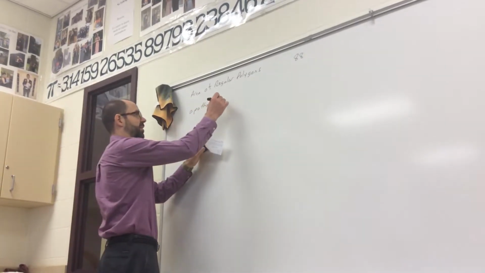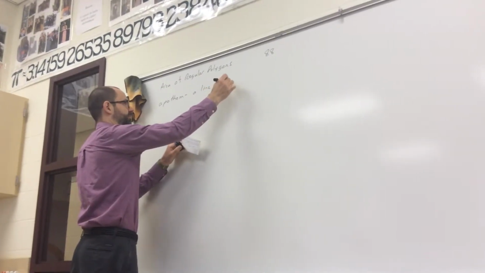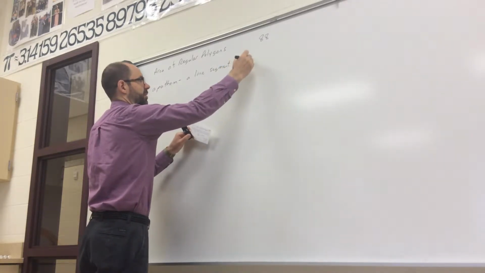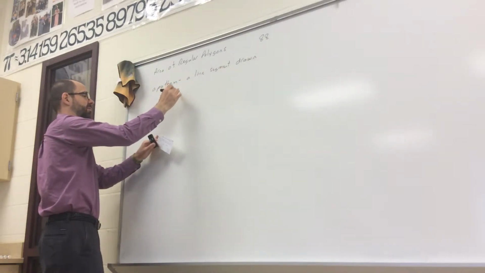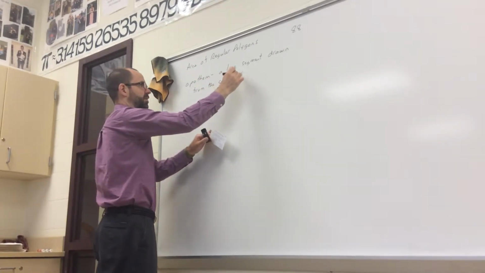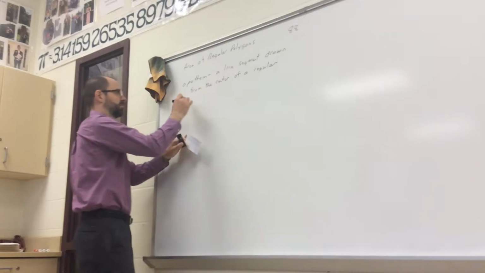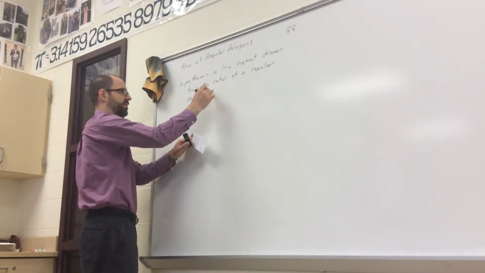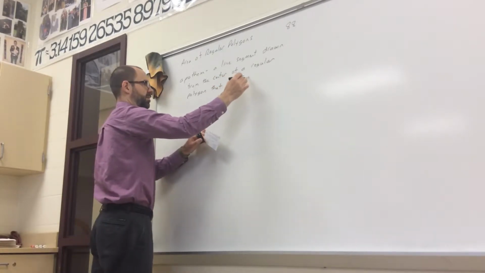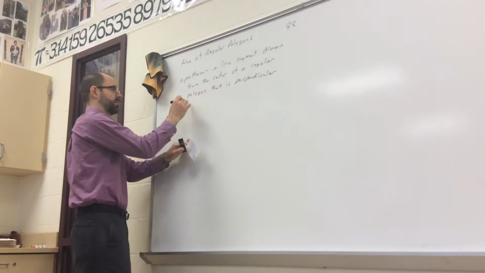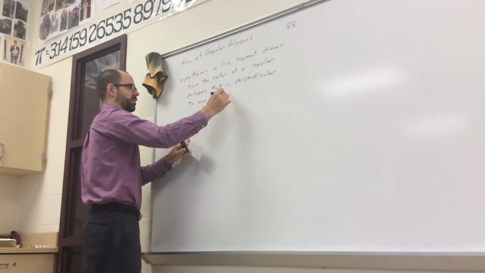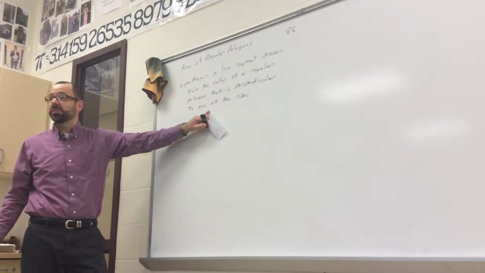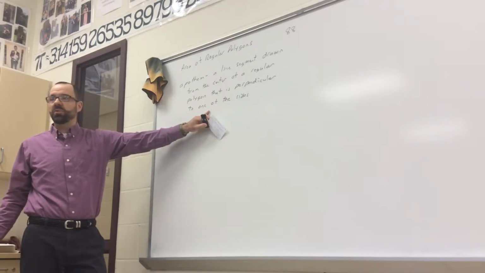An apothem is a line segment drawn from the center of a regular polygon that is perpendicular to one of the sides.